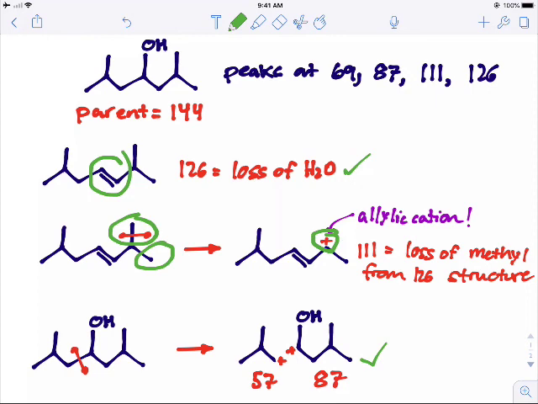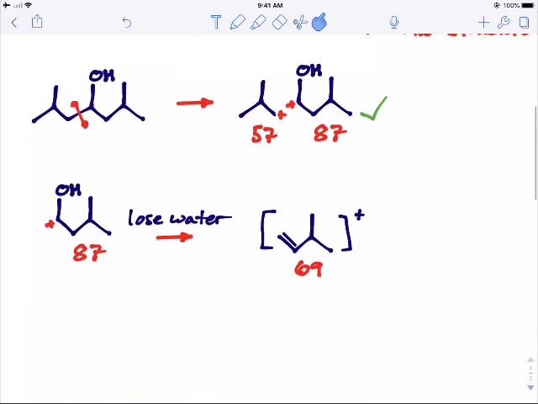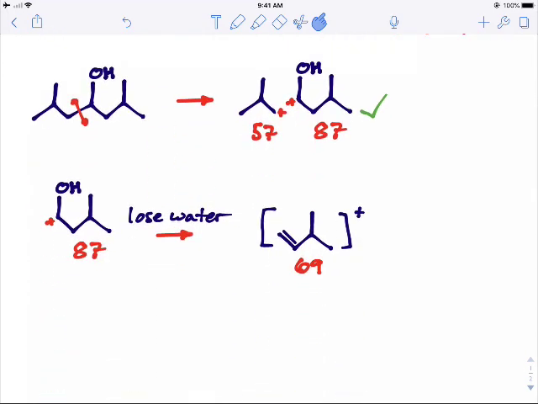We can explain 87 by following our cleavage pattern for alcohols. We've got a heteroatom and then a carbon, and then we're going to cleave. That cleavage site would give us two potential cations: a 57 if it cleaved to give the cation on the left side, and an 87 if it cleaved to give the cation on the right side.